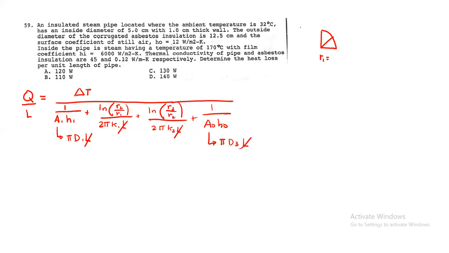I-convert natin into mm na lang. 5 cm siya is equal to 50 mm. Divide natin ng 2 is equals to 25 mm. So, ang radius 1 natin dito is 50 mm divided by 2 is equals to 25 mm.